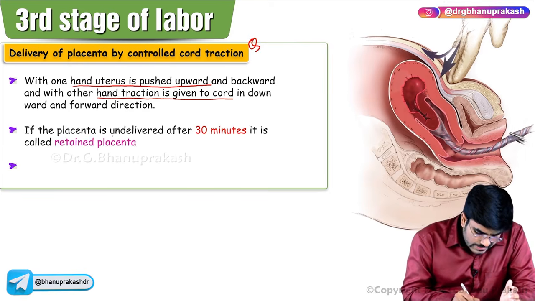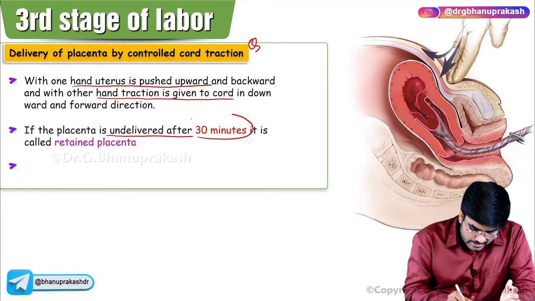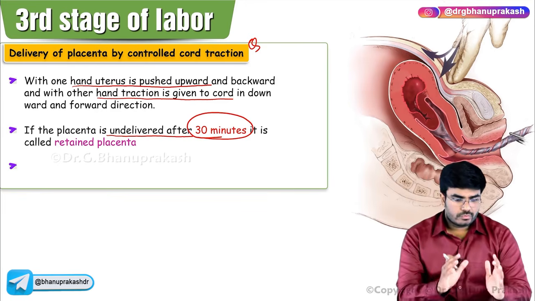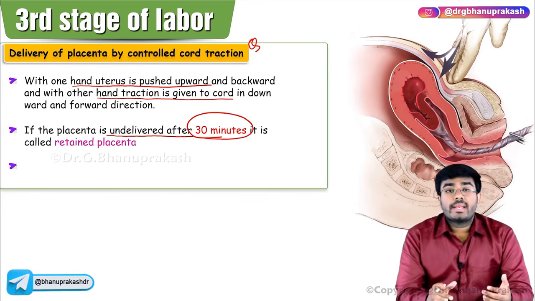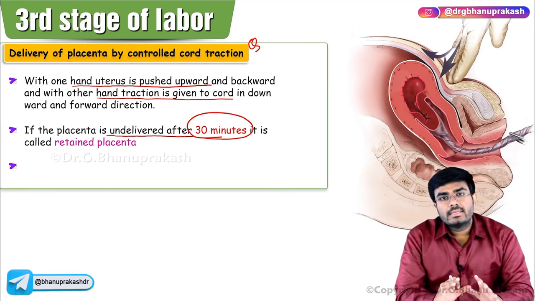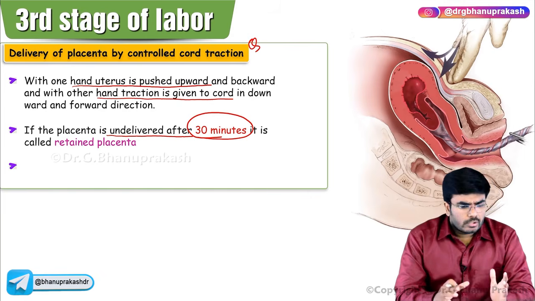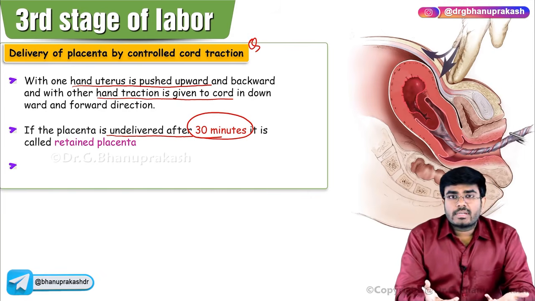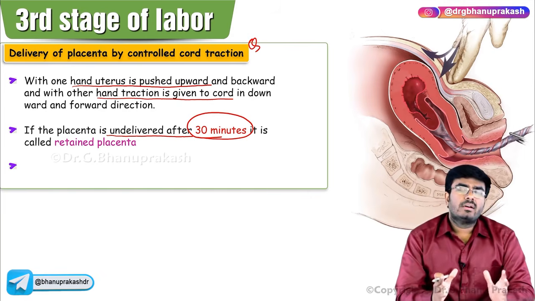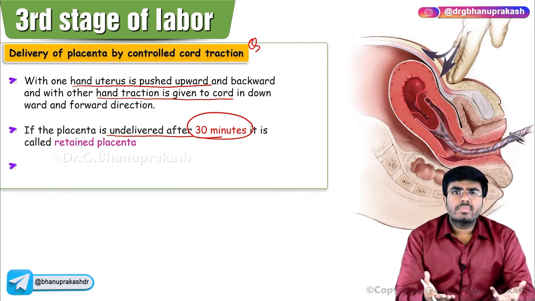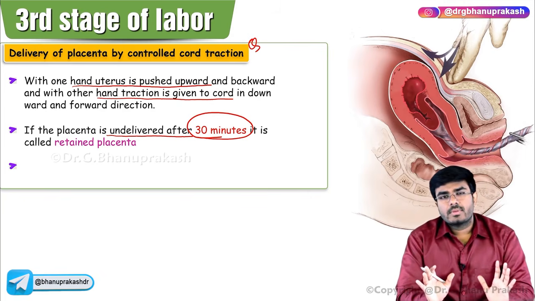You are trying to do active management of the third stage of labor. Actually the third stage of labor should last for 15 minutes. Active management will take somewhere from 5 to 10 minutes maximum.